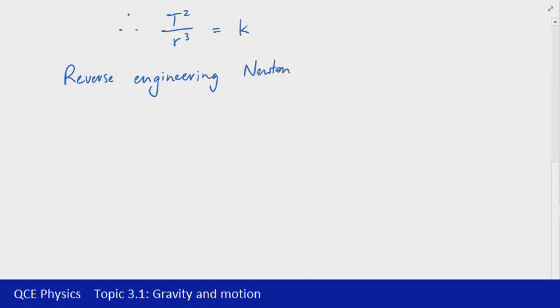So Newton's law of gravitation is actually just a reimagining, I suppose, of Kepler's third law. So we're kind of undoing what Newton did in order to make sense of this relationship T squared on R cubed. Now, this is something that you need to be able to make sense of. It's not something that you necessarily need to be able to reproduce yourselves, though.